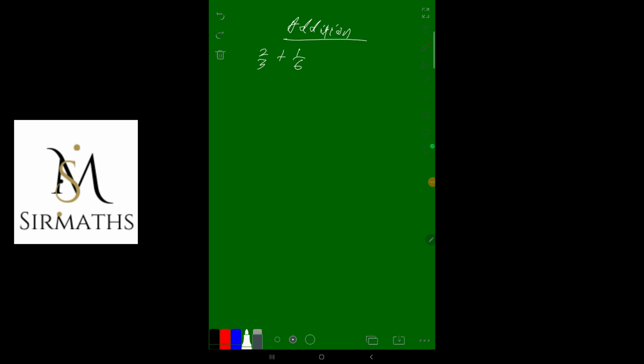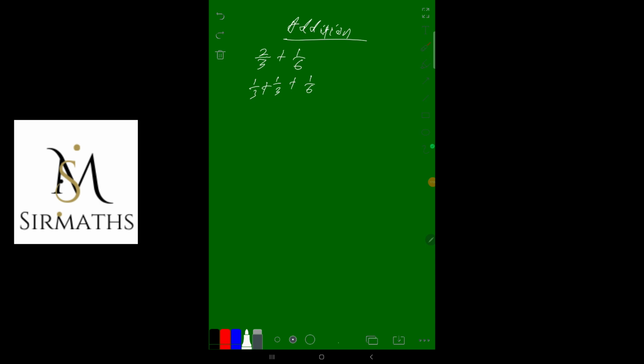We can use a model to solve this. If we are using a model, this is 1 over 3 plus 1 over 3 plus 1 over 6. 1 over 3 plus 1 over 3 will give us 2 over 3. Then plus 1 over 6.